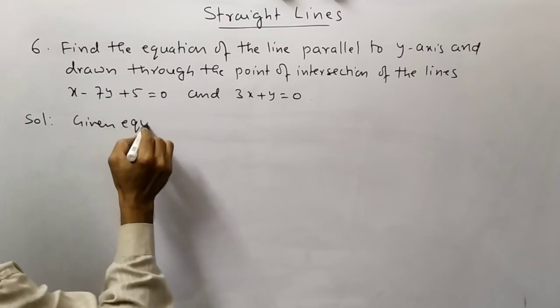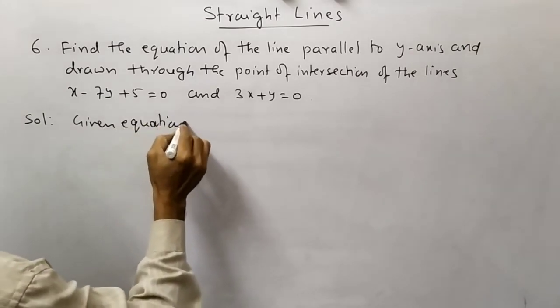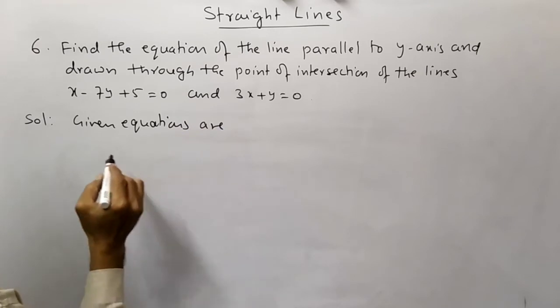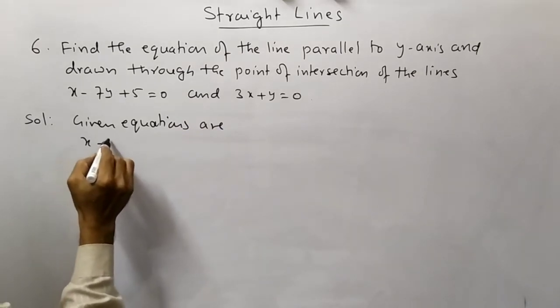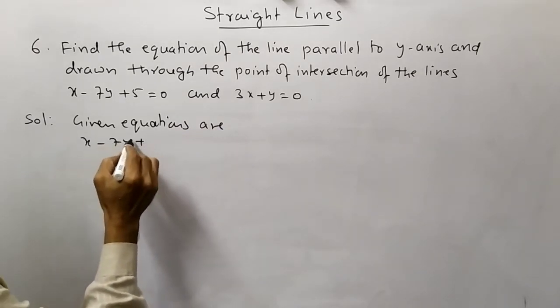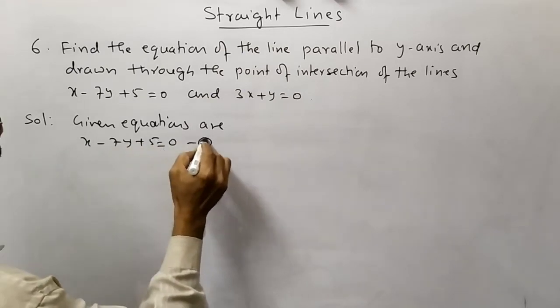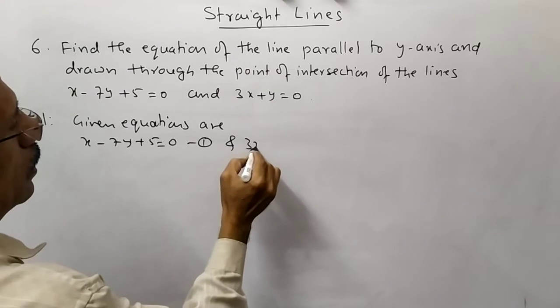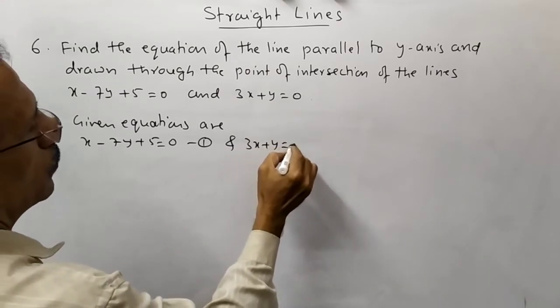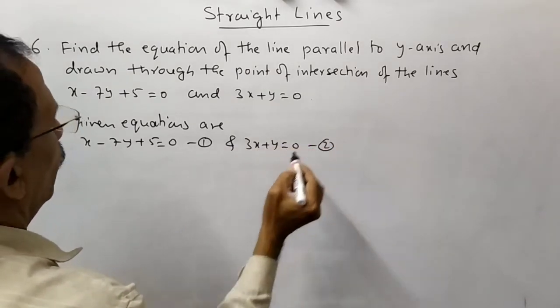Given equations are x minus 7y plus 5 is equal to 0, say number 1, and 3x plus y is equal to 0, say number 2.